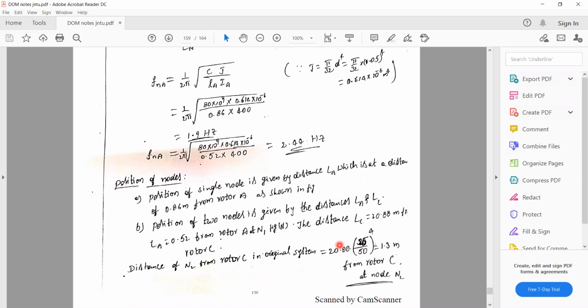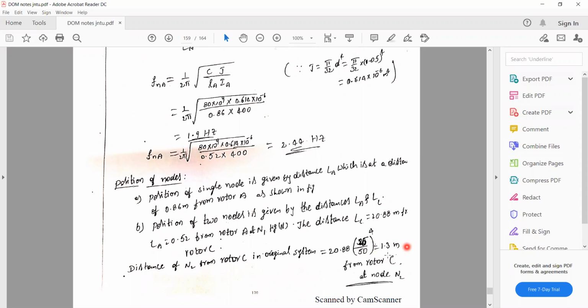So that means 20.88 by 25 by 50 power 4. That means our distance value LC into D2 by D1 whole power 4. When we calculate it, we get 1.3 meters.